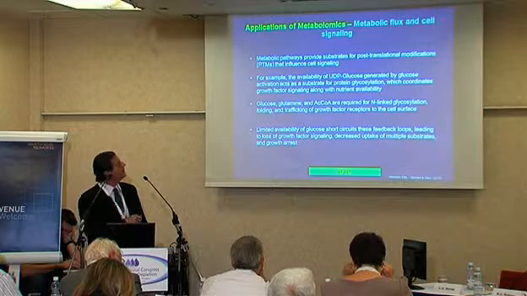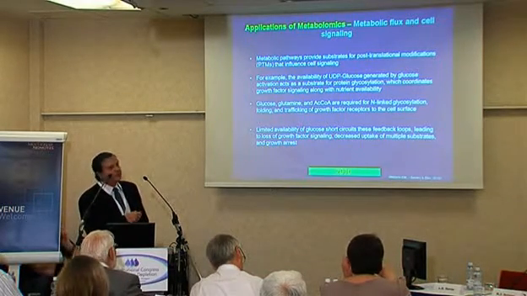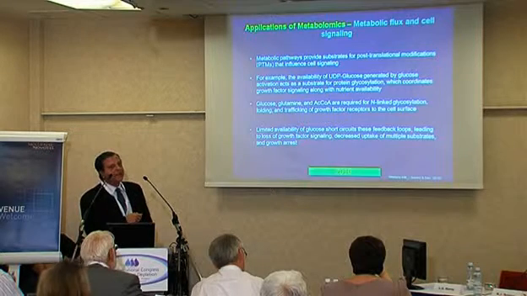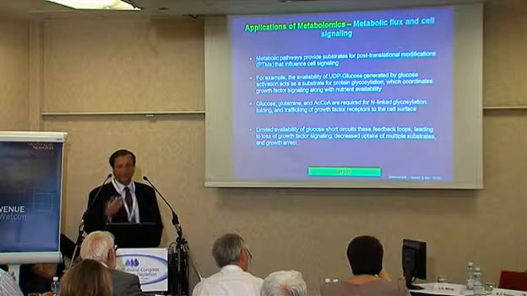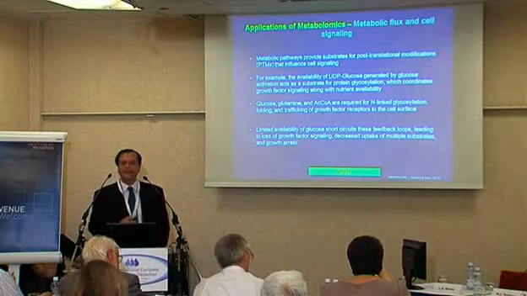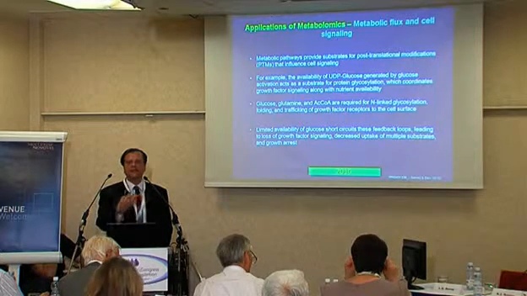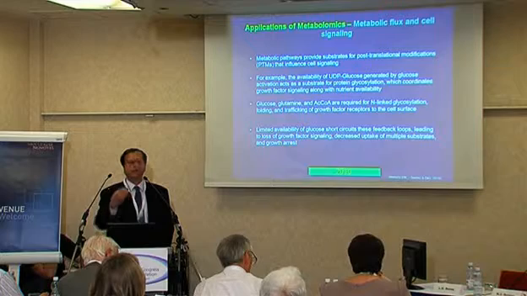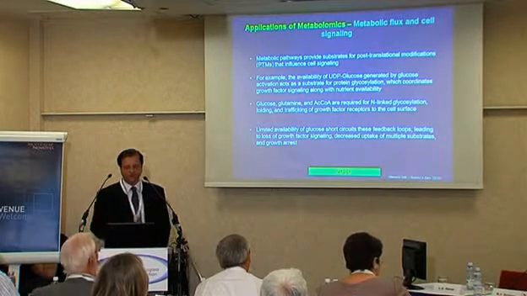What they have been discussing is that there are metabolic pathways, and these pathways provide substrates for post-translational modifications, and those influence cell signaling patterns. So that's clear. Metabolism has to be involved in the signaling process simply because they modify proteins.